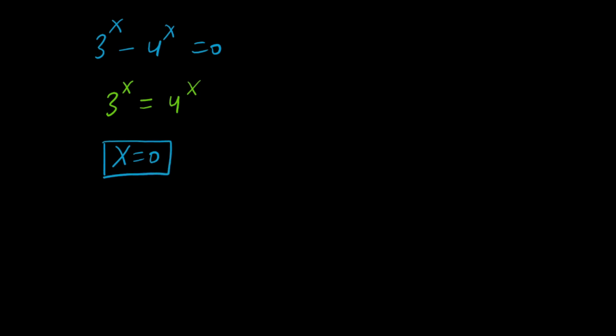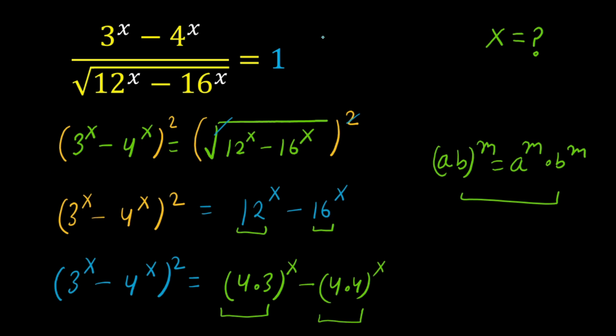Case first is 3^x − 4^x equals 0. If we add 4^x to both sides, then on the left-hand side 3^x equals 4^x. Look carefully at this problem: 3^x equals 4^x is true if and only if x equals 0. But look carefully. The given expression is (3^x − 4^x) divided by the square root of (12^x − 16^x).